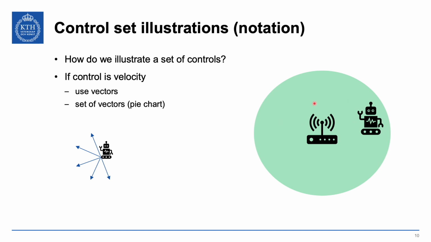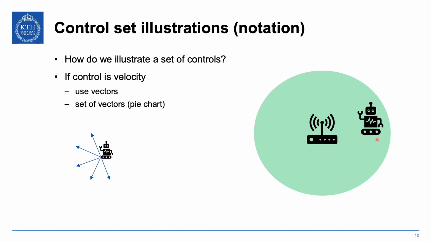So in this case, you want to stay inside the Wi-Fi connectivity here. If we go right, we're going to move outside of it, so that's not okay. Going left is okay. Going slightly up and slightly down and down to the left is also okay. So basically, this set of velocities is okay. Going upwards, going downwards, and going to the left is okay.